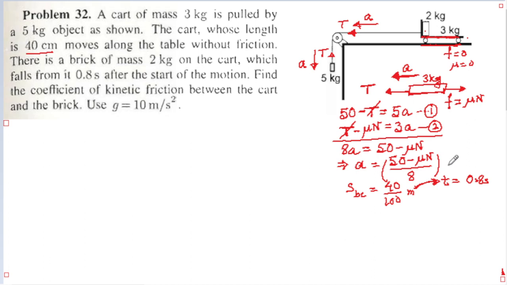Now if we analyze what is happening here, this is the surface of the cart.